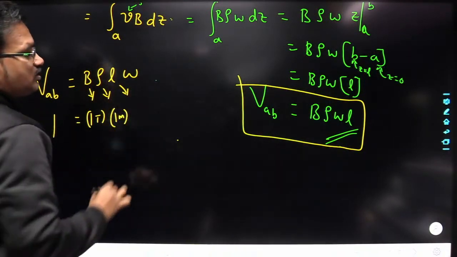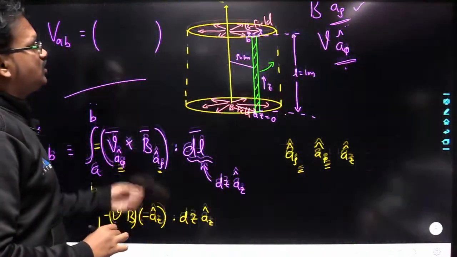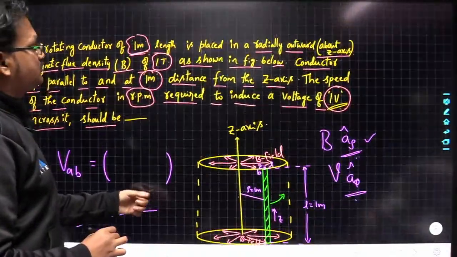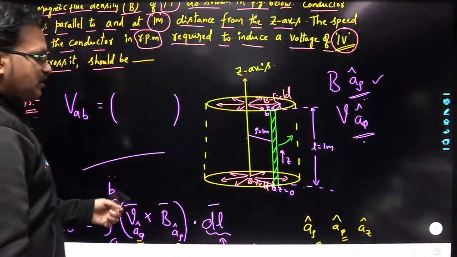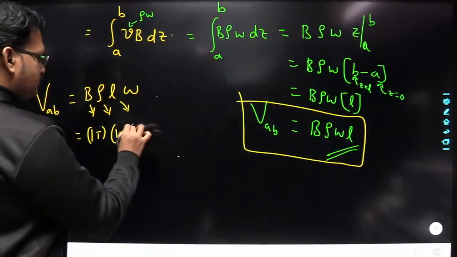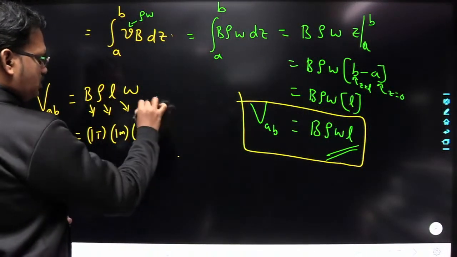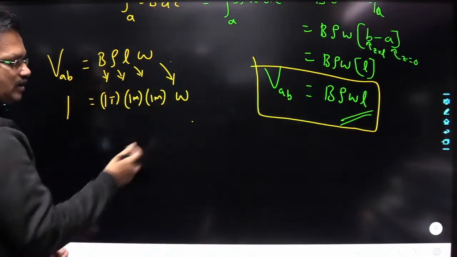The length of the conducting bar is also, I think, 1 meter. A rotating conductor of 1 meter length, that means the length of the conducting bar is also 1 meter. Multiplied by omega, 1 into 1 into 1 will be 1.